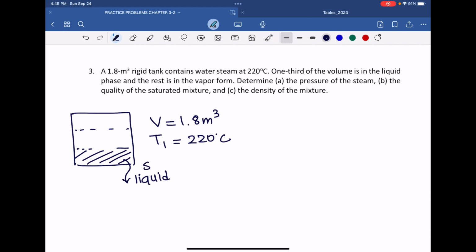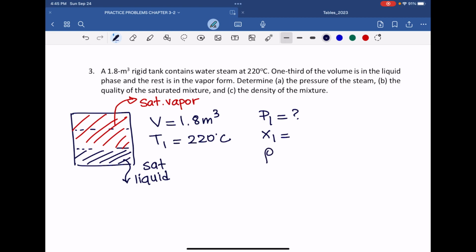That means it's a saturated liquid, and the remaining 2/3 is vapor. Now it looks like this is a saturated vapor and saturated liquid mixture. Okay. What is the pressure? What is the quality? And what is the density of the mixture?